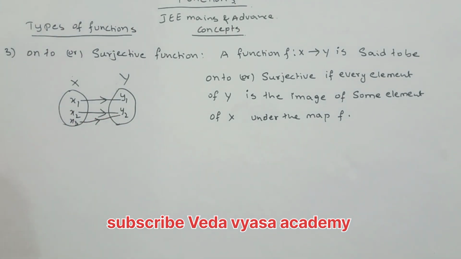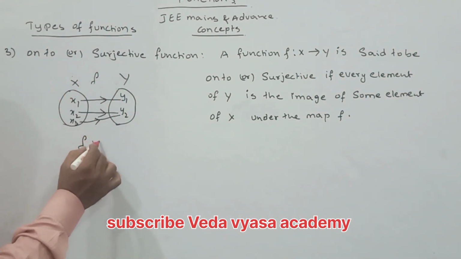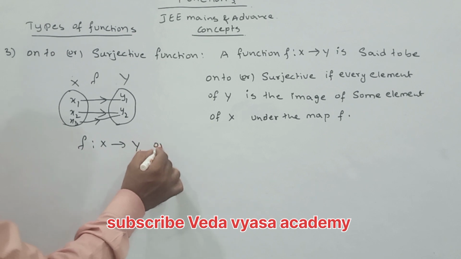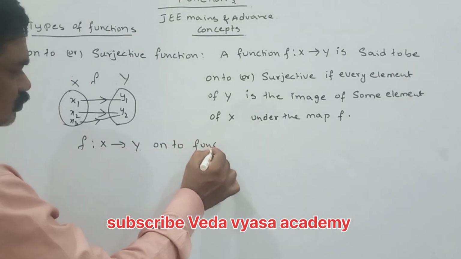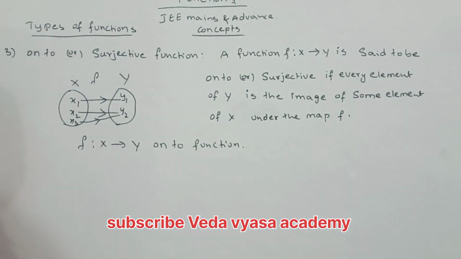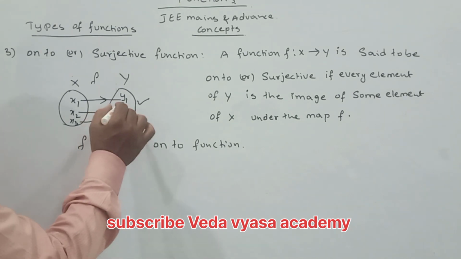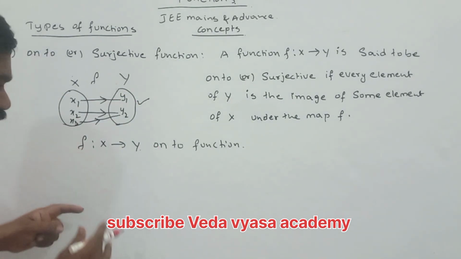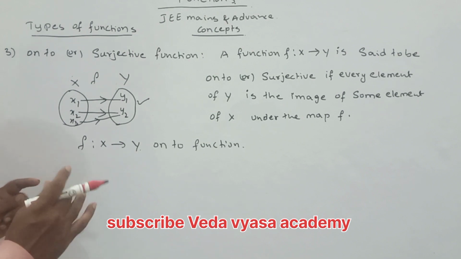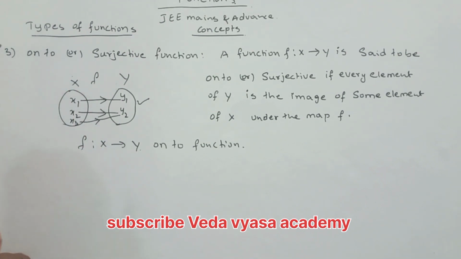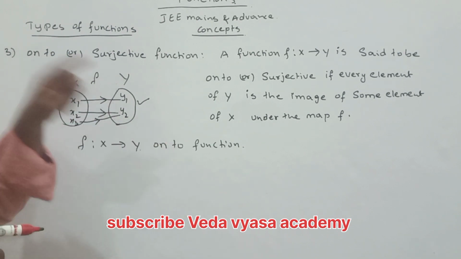Like this, f: X to Y is the onto function. Onto or surjective function means every element in Y is the image of some element in X.